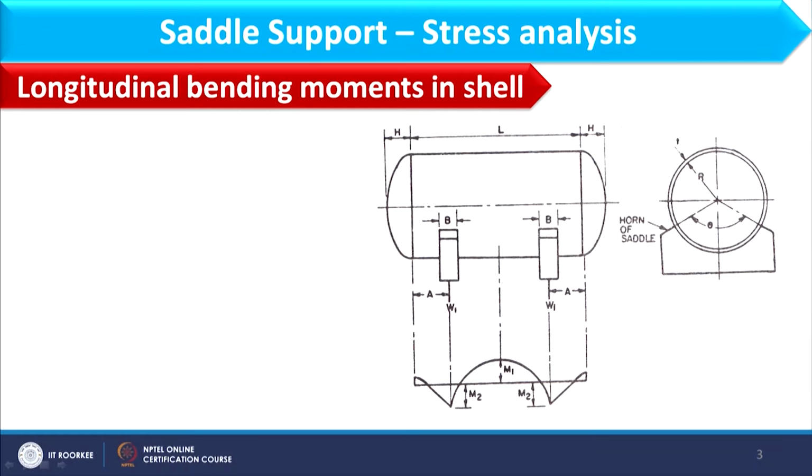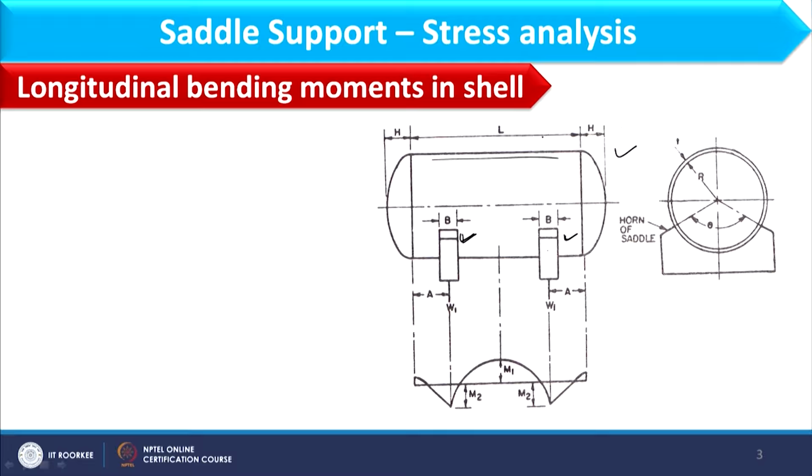Here I have this shell which is horizontally placed. This is the shell, and it lies on two saddles, this one as well as this one. The total weight of this shell will be supported by these saddles.